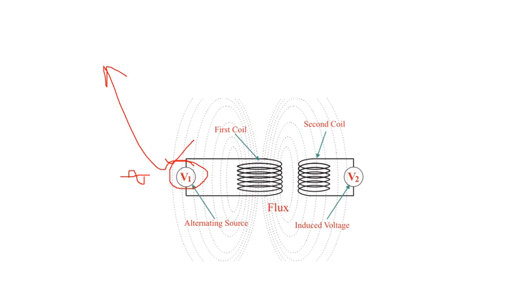This will create an alternating flux, and this alternating flux is linked with the second coil, and finally you will get the output here. So this is due to induction.